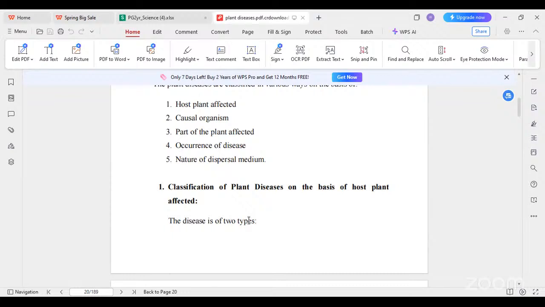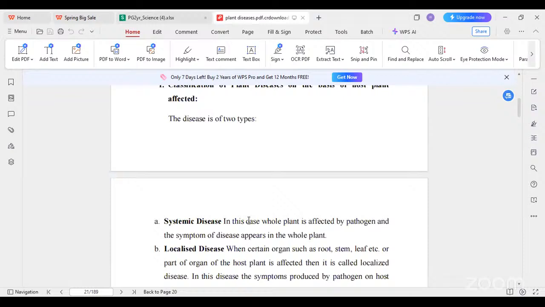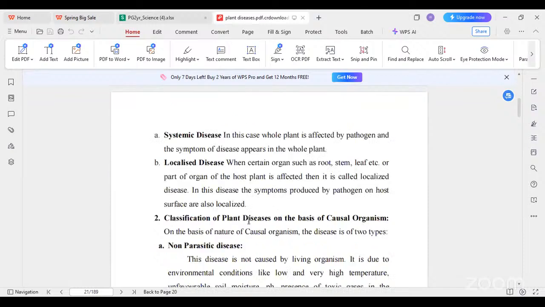The first one is the classification of a plant disease on the basis of the host plant affected. This is of two types. One is the systemic disease.